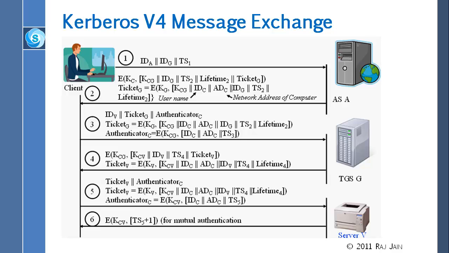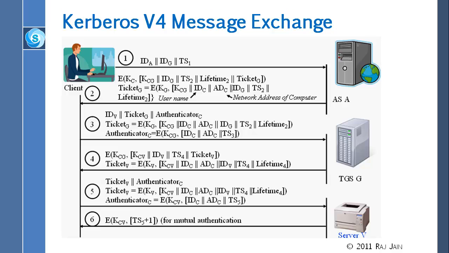All right. So there are two things. One message is meant for the client, and the whole purpose is so the client knows what is the key to use with the ticket granting server. Second thing is a piece of information which is encrypted and the client cannot read it. Client cannot decrypt it.